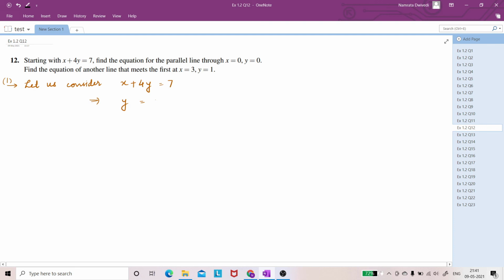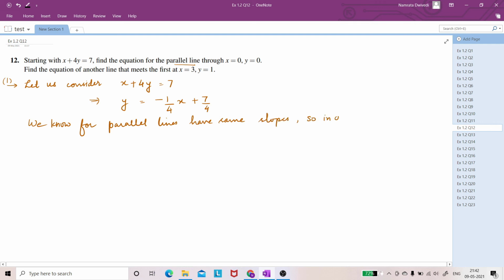Okay, so that will be equal to minus 1 upon 4x plus 7 upon 4. Am I right? So this is it. And for parallel lines, so we know for parallel lines, have same slopes. Yes.